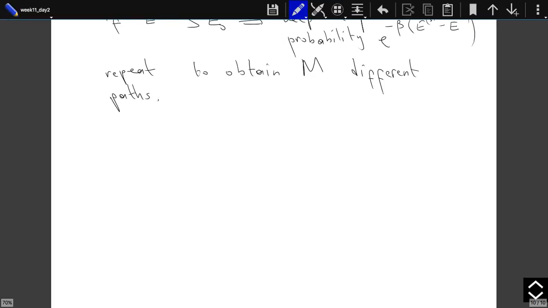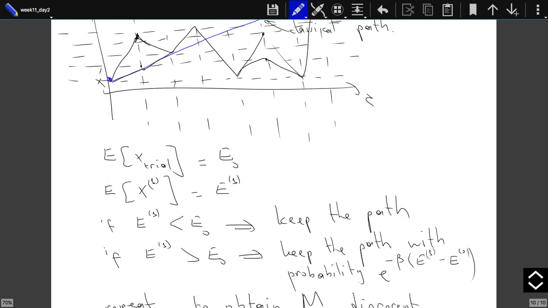Then let's say, suppose you want to calculate, what do you want to calculate? You are collecting paths. You will have at the end m of them. You are changing the path, but each new path, if it is lowering the energy, you are taking it.